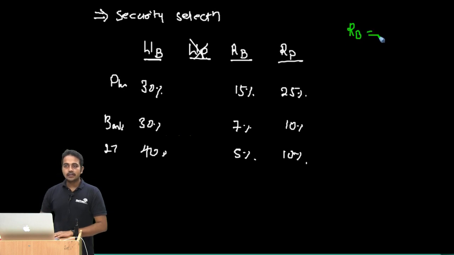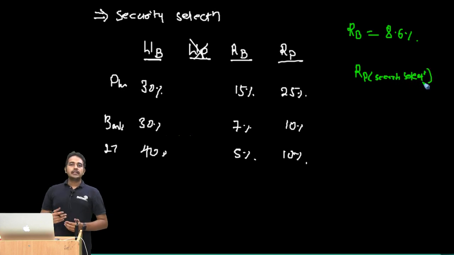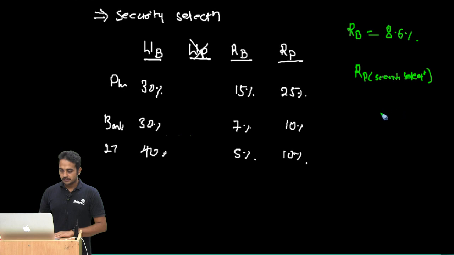Return on the benchmark, that's not going to change. That's going to be 8.6%. Return on the portfolio for a security selection component. So we assume if it was a scenario where the manager was not allowed sector allocation, he was only allowed to pick up the security, then how much would he have earned? Then he would have earned the following returns.